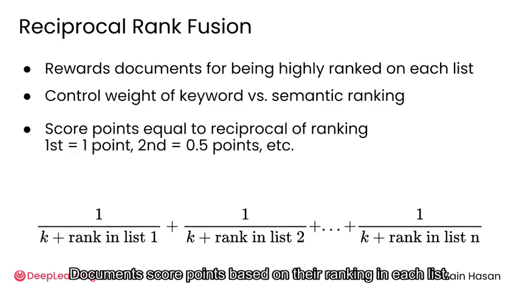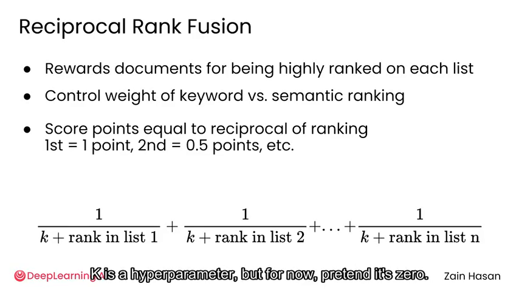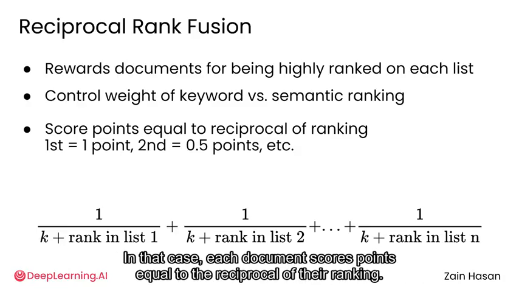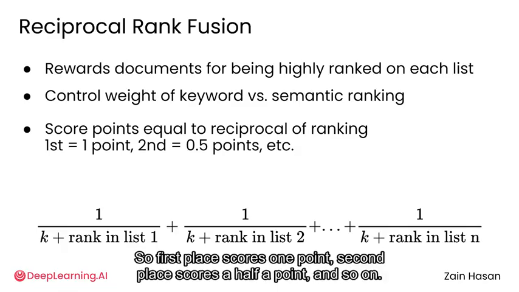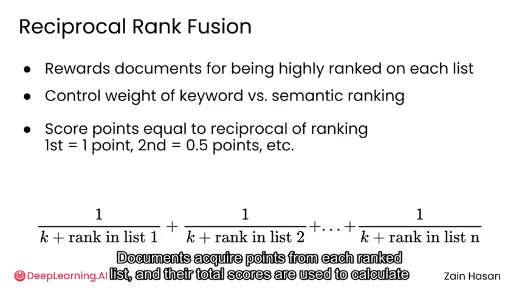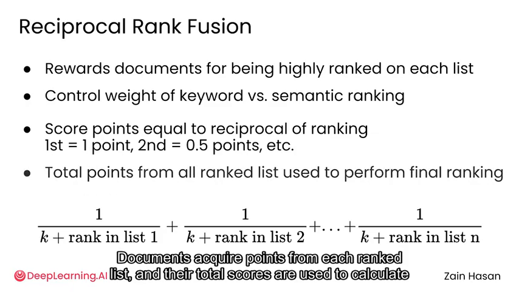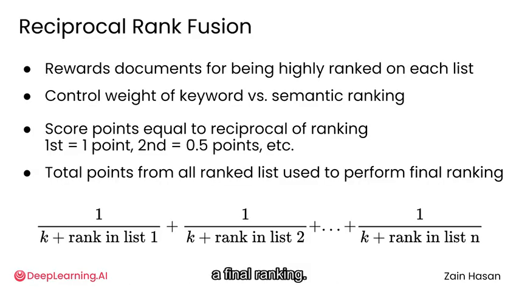Documents score points based on their ranking in each list. K is a hyperparameter, but for now, pretend it's 0. In that case, each document scores points equal to the reciprocal of their ranking. So first place scores 1 point, second place scores half a point, and so on. Documents acquire points from each ranked list, and their total scores are used to calculate a final ranking.